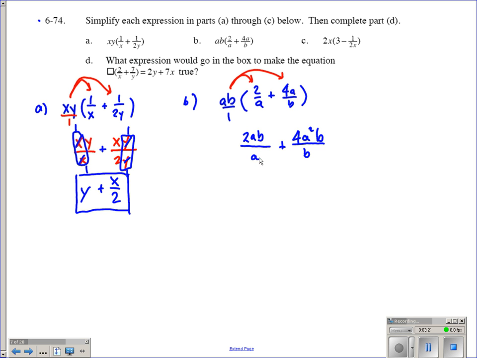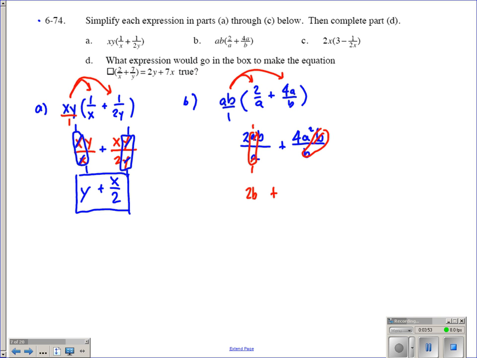We got to look now to see if we can reduce down. We can't cancel out factors across the addition sign here. It's just within each of the fractions. So you'll see here that we have an a and an a. So that's like a giant 1 there. So really what we're left with is 2 times 1 times b over 1, which ends up being 2b, plus, here we've got a b and a b.